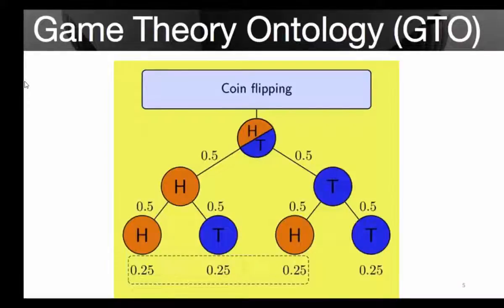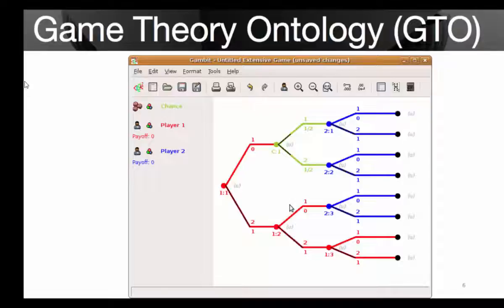Here also is a decision tree showing probabilities for a coin toss. We can see different probabilities for different outcomes. The probability of throwing a heads twice is 25. So we would want to be able to develop a system that could generate something like this too. And there are plenty of game theory programs that do just this. So I was sort of thinking there's probably a lot of information about games that's developed like this.